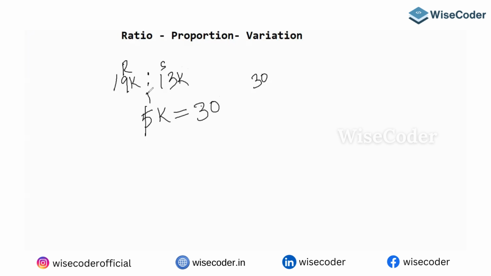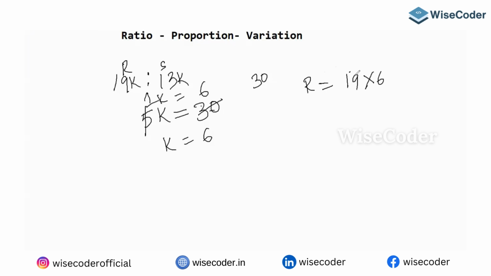Okay, so 5 sixes are 30, so 1k is equal to 6, then k is equal to 6. So if I want Ram's marbles, what is it? 19 into 6.